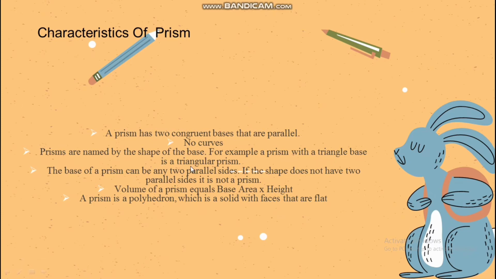The base of a prism can be any shape with two parallel sides. If the shape does not have two parallel sides, it is not a prism. Volume of a prism equals base area multiplied by height. A prism is a polyhedron, which is a solid with faces that are flat.